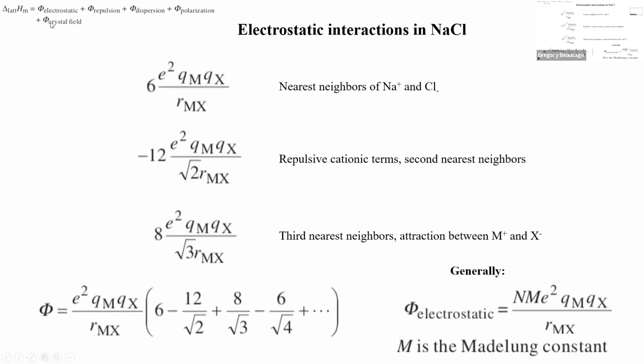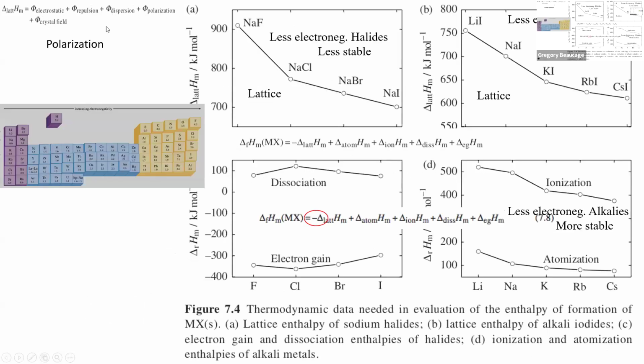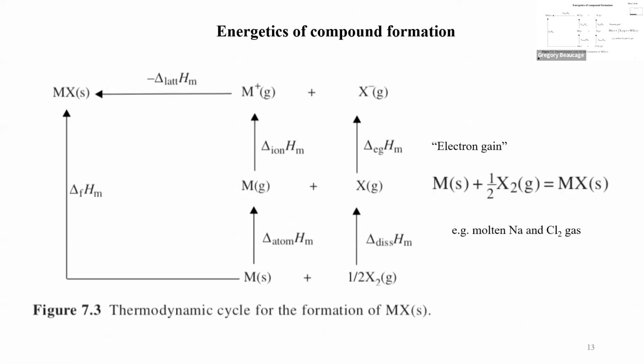The polarization and the crystal fields for transition metals, and the polarization. He just shows this business about how electronegativity impacts the lattice energy. So total lattice energy, how it's impacted. Again, the lattice energy is just one component of the whole free energy of formation.